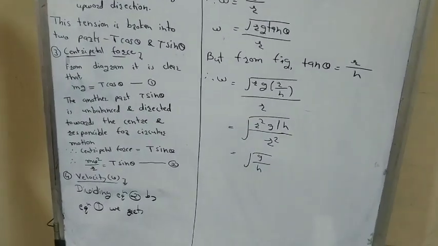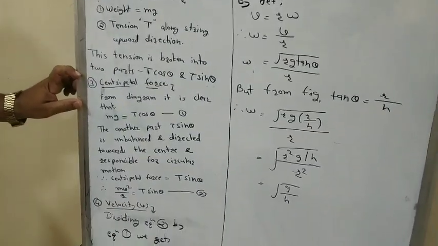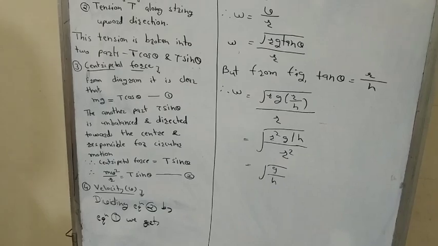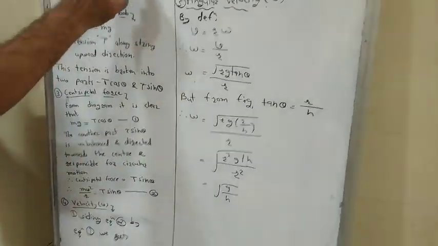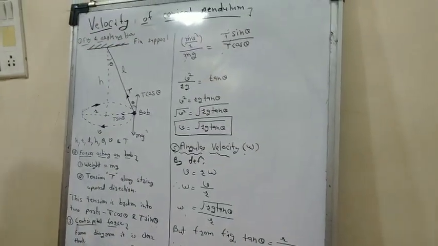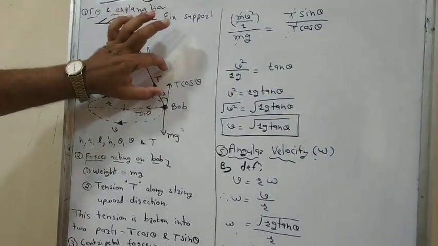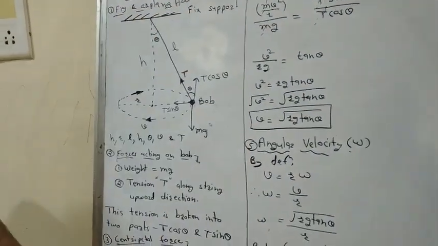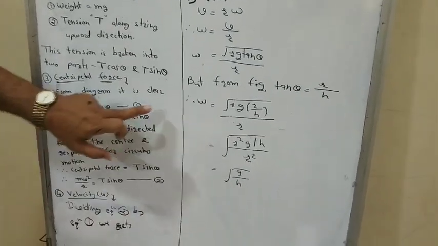So here first figure and explanation, then forces, and in this third step we should know the concept of centripetal force. This is very important. So from the diagram we can understand that this weight mg is exactly opposite to T cos theta, or we can say that this weight mg is balanced by T cos theta. So we can say that mg is equal to T cos theta. We can call this equation number 1.